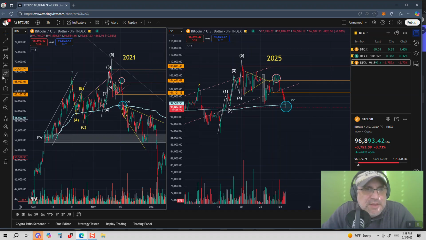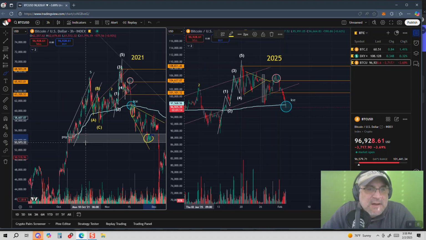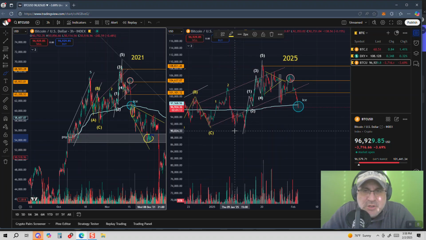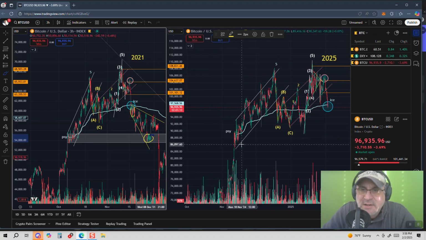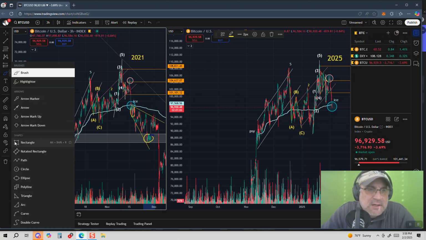Well, this one, the subcycle B, marked all the way down. Now, I just want to go to this first redistribution range. It bottomed out at the end of the preliminary supply liquidity void. Remember, we've been talking about this. Back in 2021, this was about 50 grand. This is the bottom of the liquidity void that we're in presently.